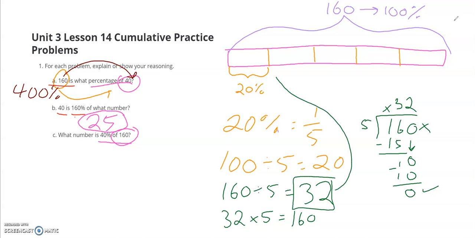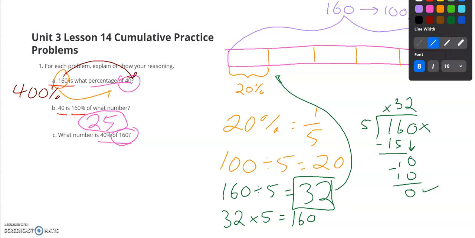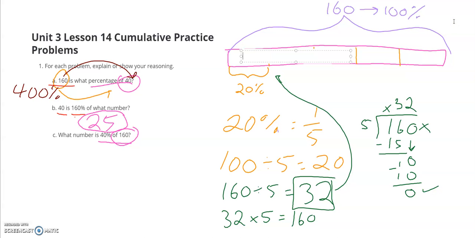So this is 20%. 32, 32, 32, 32, and 32. We want 40% of 160. 20 plus 20 is 40.